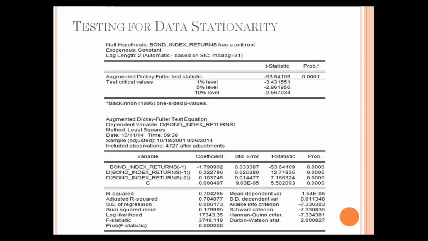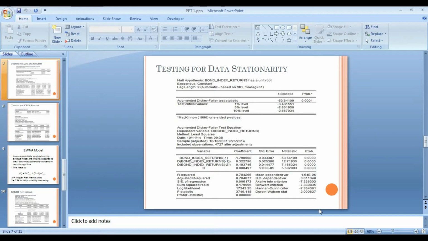So this is basically the output from eViews. I will discuss in detail how to do the testing for data stationarity in eViews probably in our next video. So basically this table talks about data stationarity. You just have to look at the Durbin-Watson test statistic, which is 2.